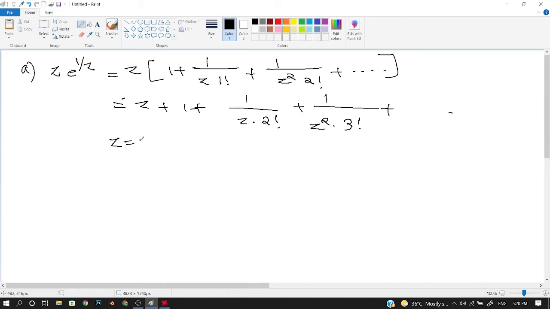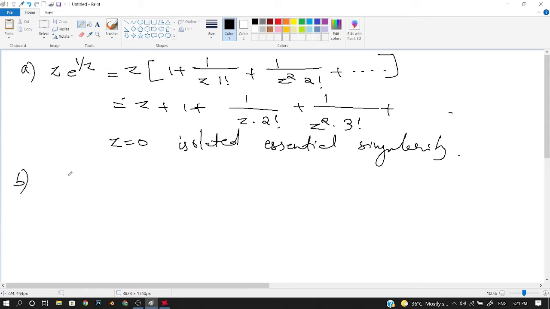So z equal to 0 is an isolated essential singularity.